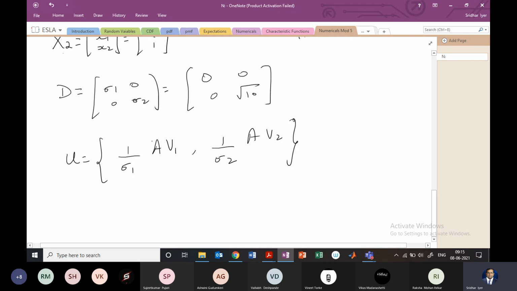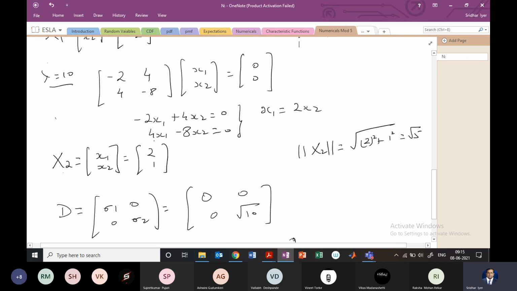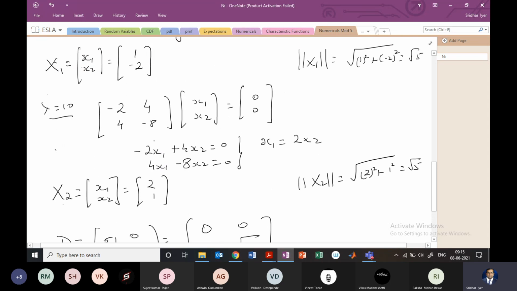So we already know the value of A, and we can find v1 here, right? So v1 will be nothing but x1 by magnitude of x1. So I'll just write here. v1 is x1 divided by magnitude of x1. x1 is 1 and minus 2, so you'll get 1 by root 5 and minus 2 by root 5.